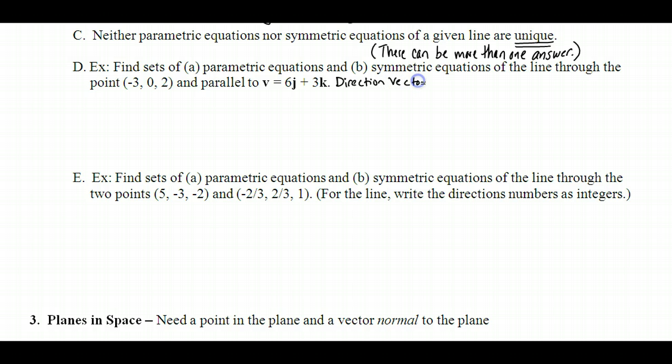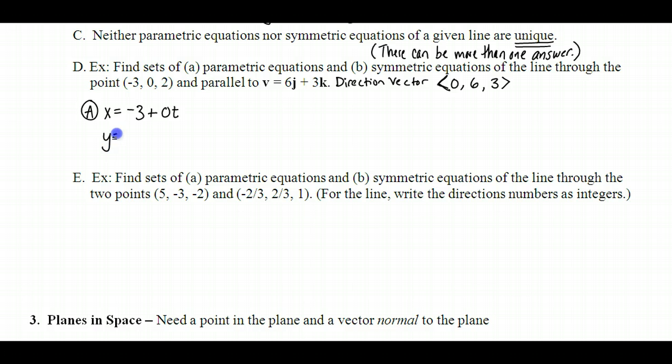I kind of like writing my vectors out like this, where I know for my direction vector it starts with i. Well, there's nothing there, so that would be 0, 6, 3. And so when I write my equations, first of all I have to write a parametric equation for A. So x is equal to my x coordinate, negative 3, plus my x direction, which is 0 times t.